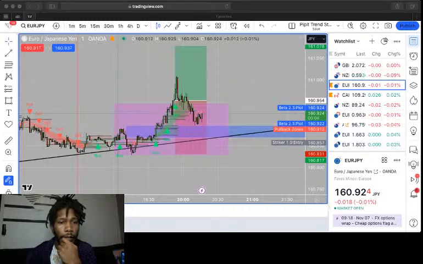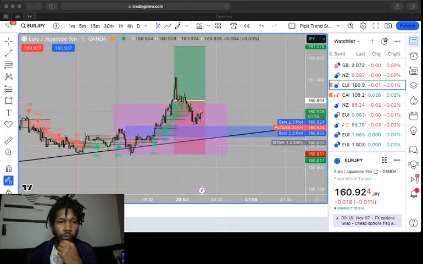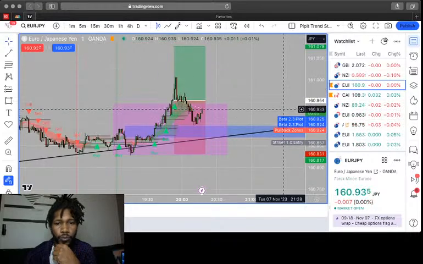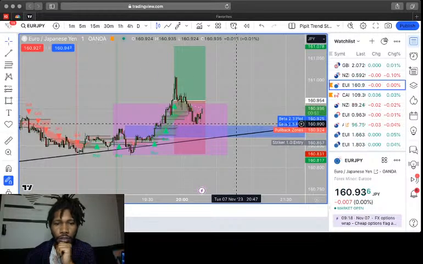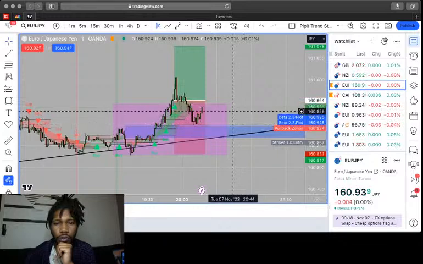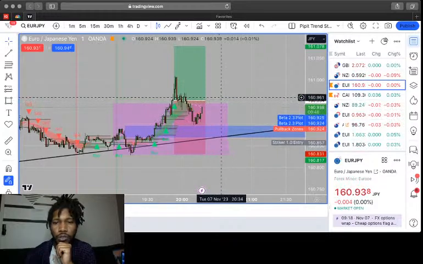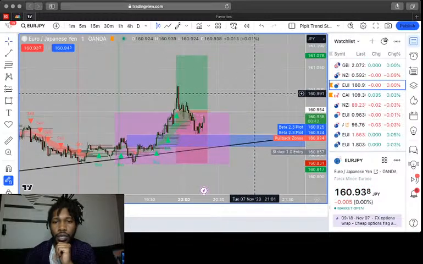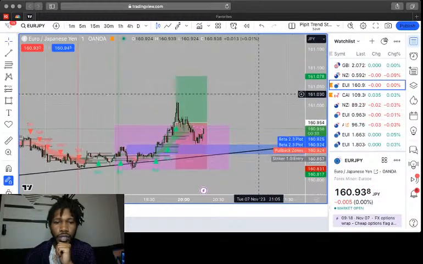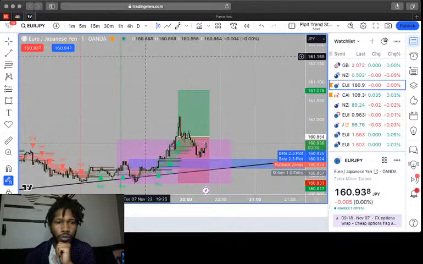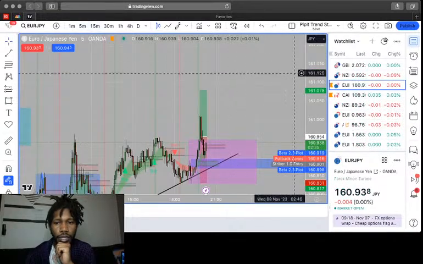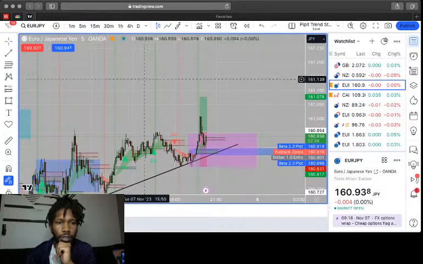Let's see. Okay, there we go. We got a nice little retracement. We need price to just hold. If we can get another break above this and a close, I like the way that looks to continue to the upside. And honestly, with that being said, let's go to a higher time frame and see if there's actually some levels.